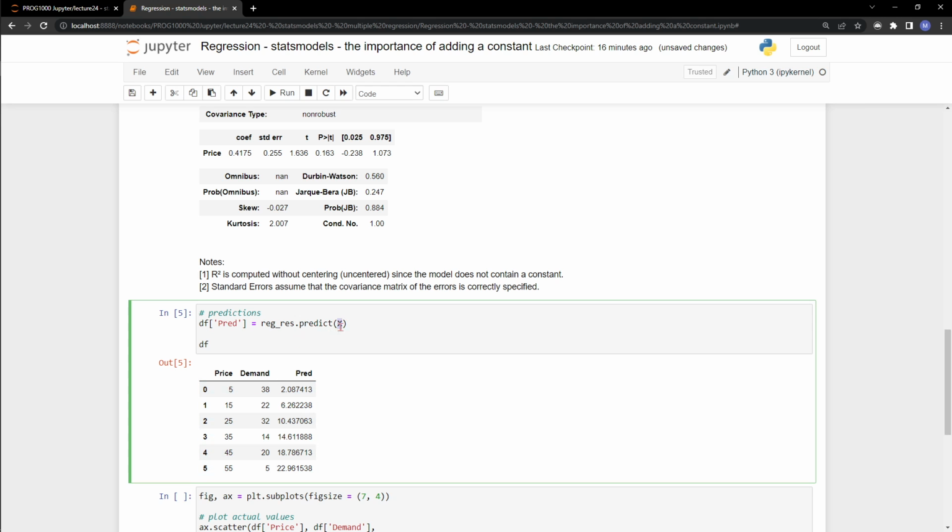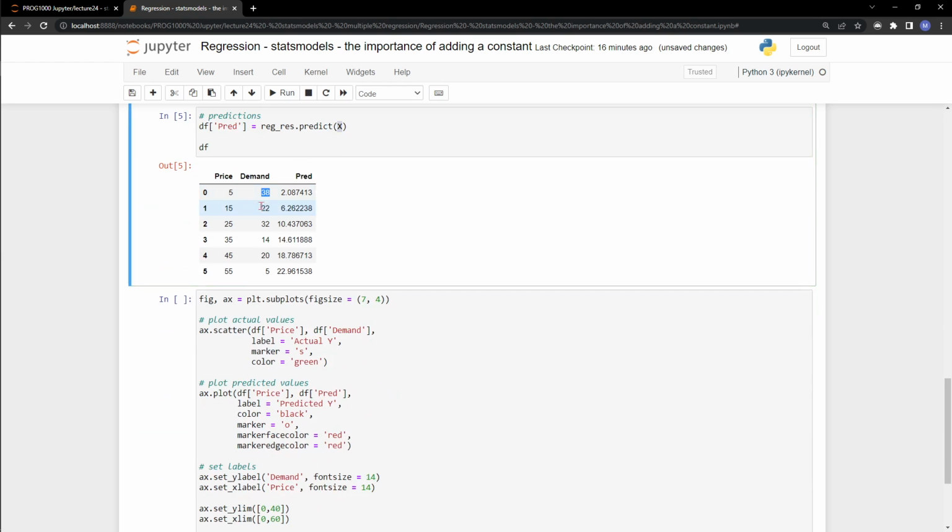So we are now using our model to predict the demand for these specific prices. And we see that, well, the observed demand is high when the price is low and low when the price is high, but our prediction from the model without a constant term is positively related to the price, which comes from the positive slope.